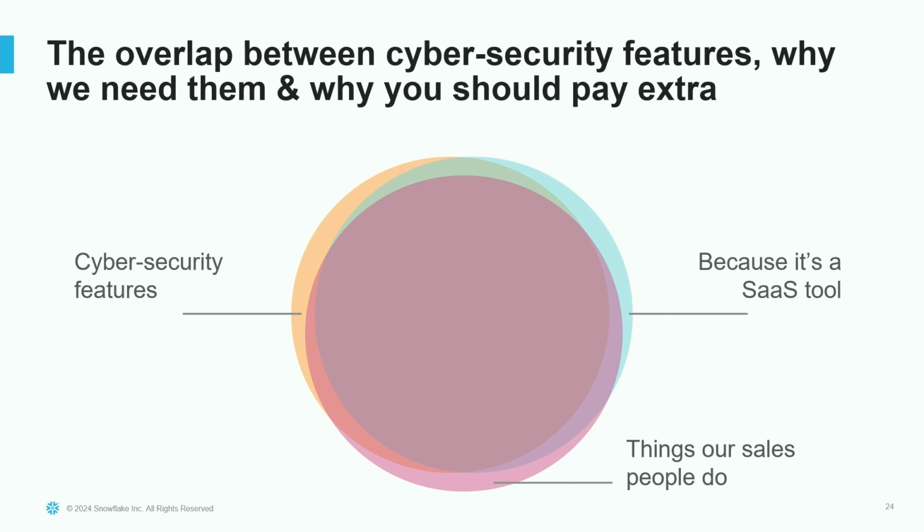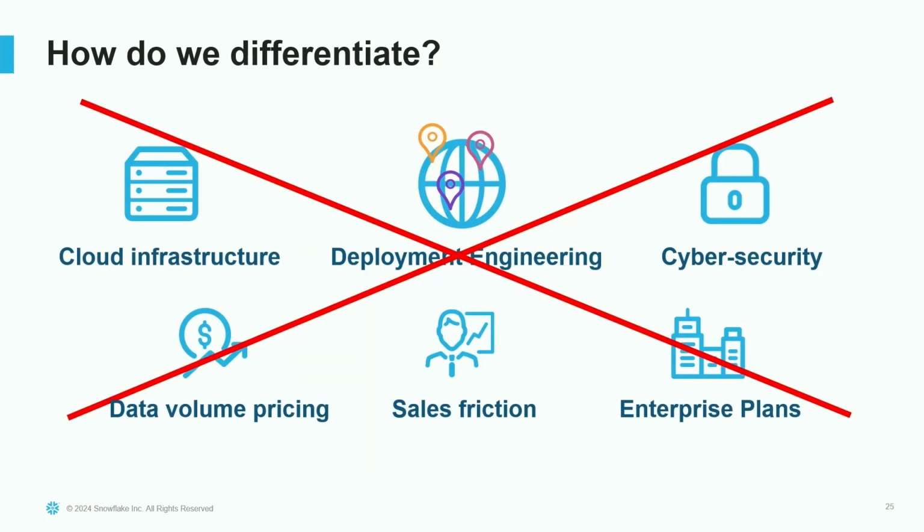It's a bit of a circular economy. So we differentiate by just not doing any of those things, being a native app. So we don't have cloud infrastructure, we don't have deployment engineering, cybersecurity is taken care of, and then we can get rid of all that stuff that customers are complaining about: data volume pricing, sales friction, and enterprise plans.